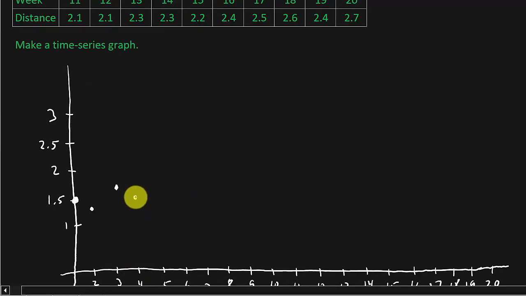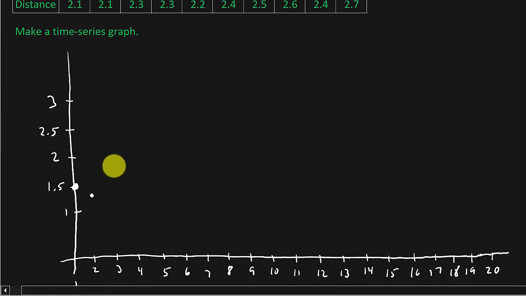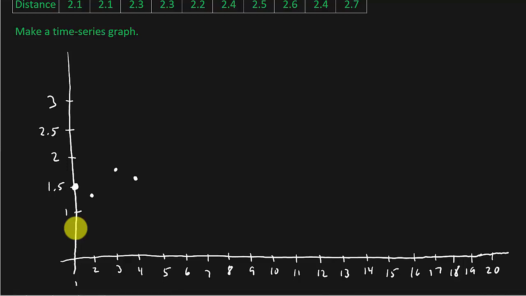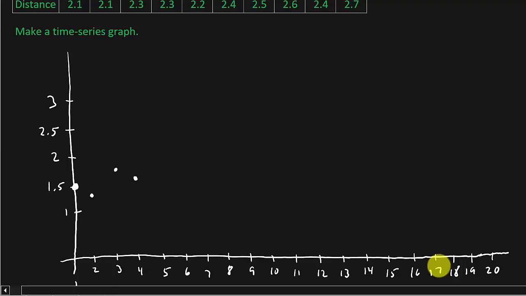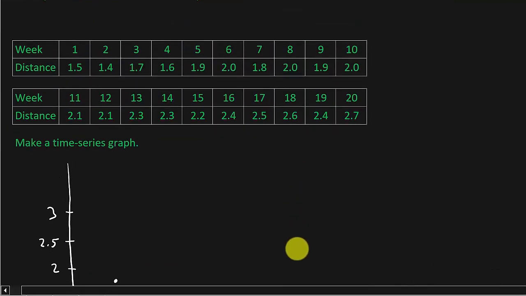And so hopefully you get the idea of what's going on. Let me move that up just a little. If you could put in the 1.1, the 1.2, you can do that to get a better idea. But it is what it is. So I'm going to pause the video while I plot the rest of the points. Hopefully you see how I'm doing it, and then I'll start back after I plot them.